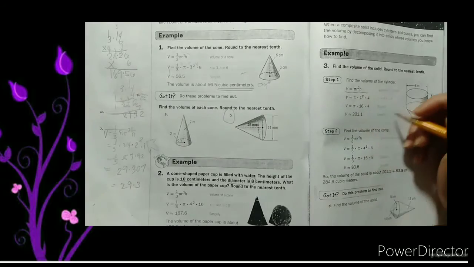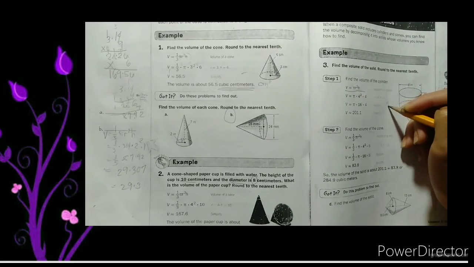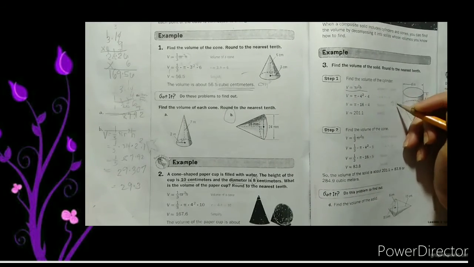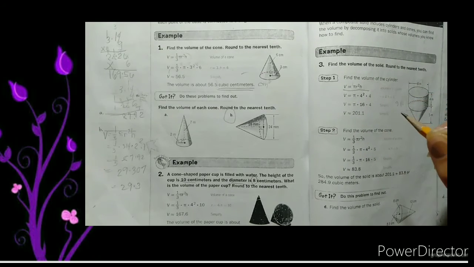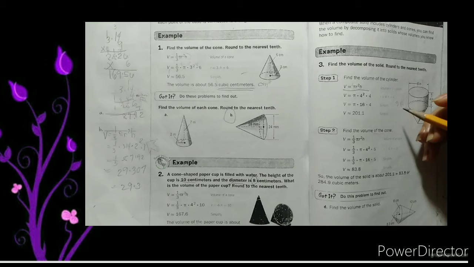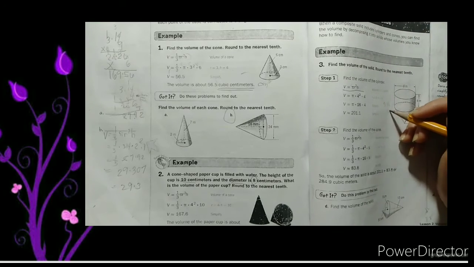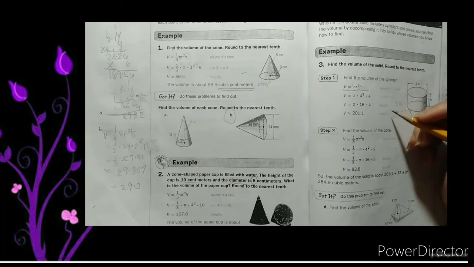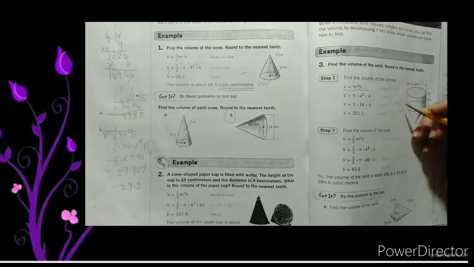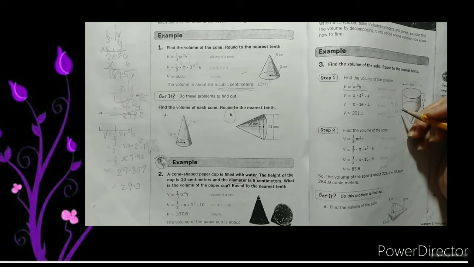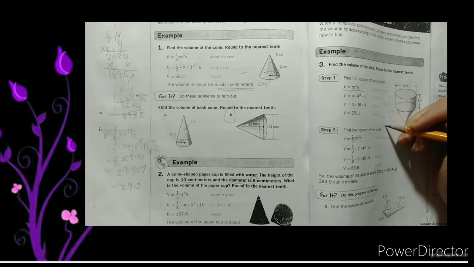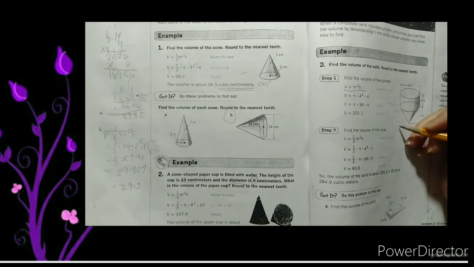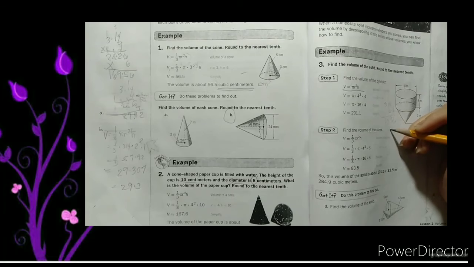So 3.14. Then 4 times 4 is 16, times 4, 16 times 4 is 64. So 3.14 times 64.